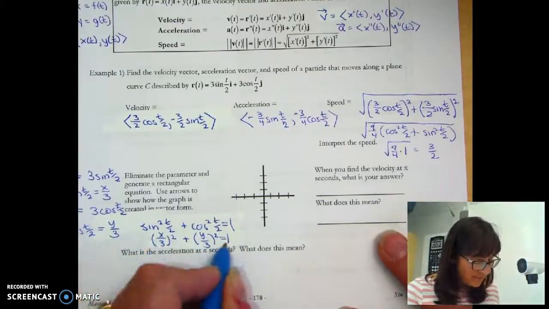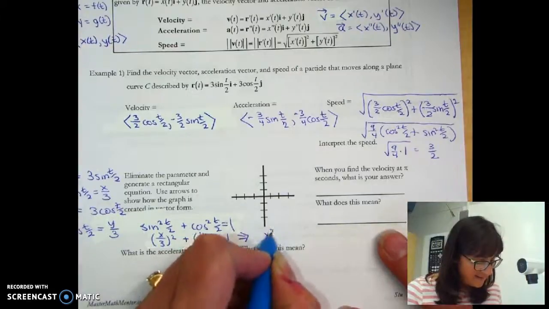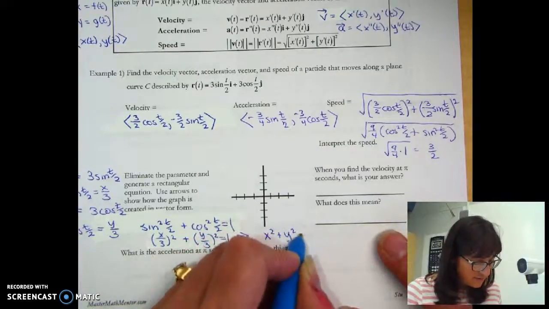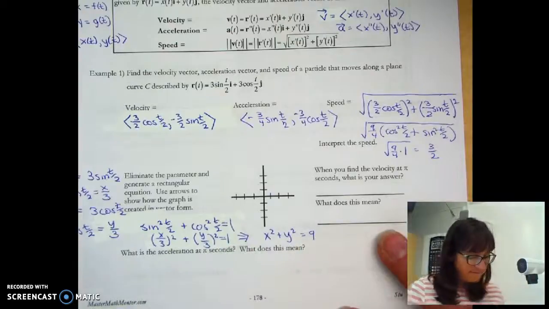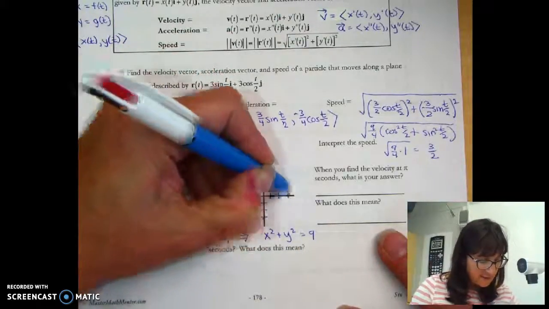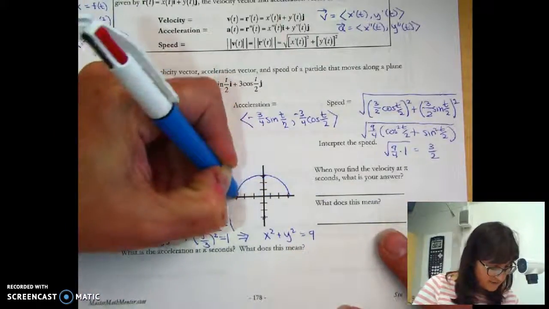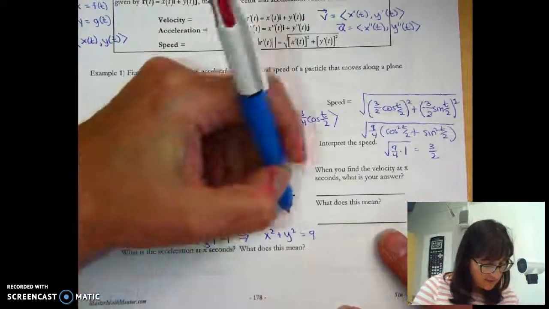And when we multiply both sides of this equation by 9, we can see that this is actually a circle of radius 3. So I'm going to mark my points along the x-axis and sketch in that circle. Scaling looks a little weird on this handout.